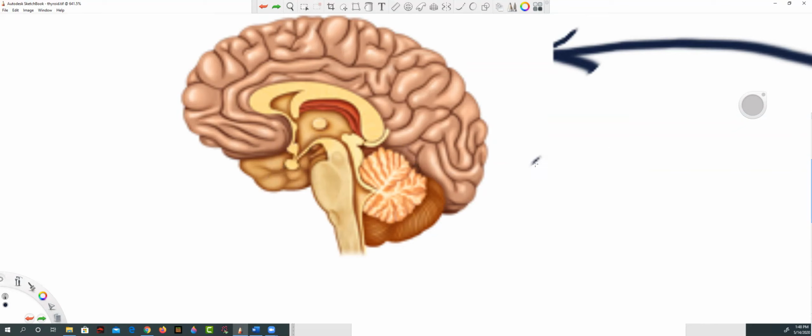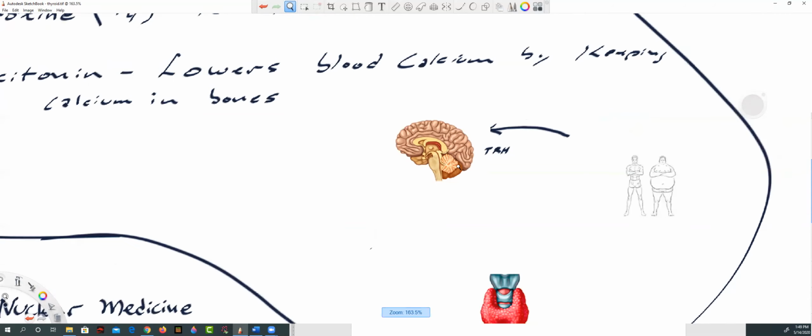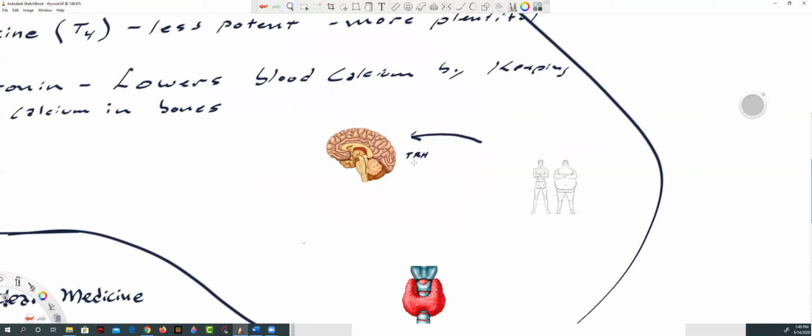Hypothalamus is going to create TRH, thyrotropin releasing hormone, which is released by the hypothalamus and goes down to the pituitary gland.